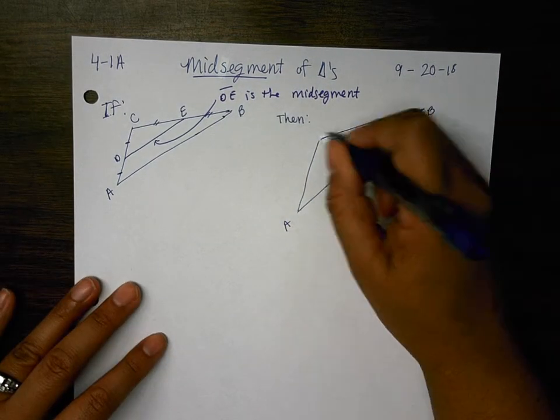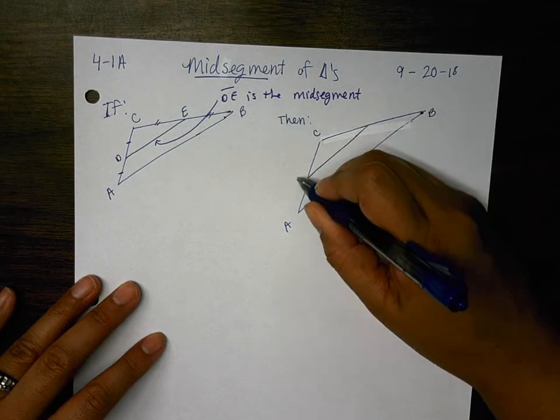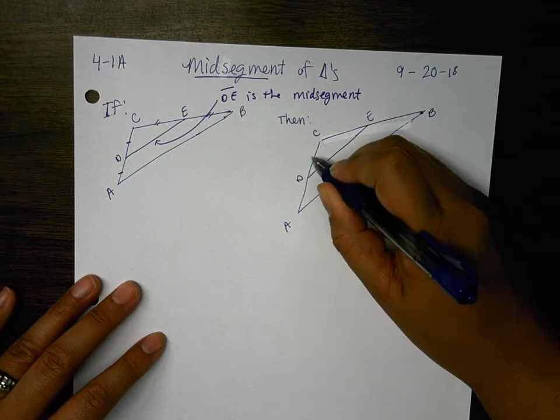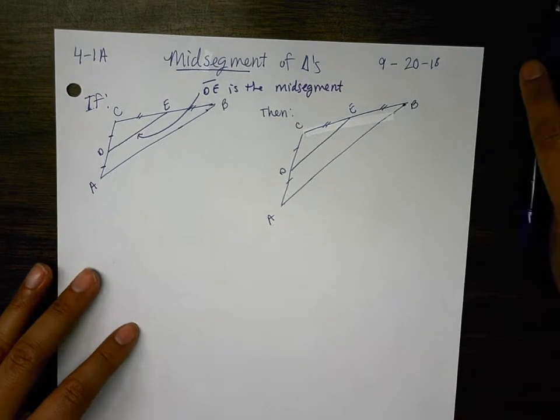All right, ABC, again with DE being the mid-segment, which they can tell you a number of ways.